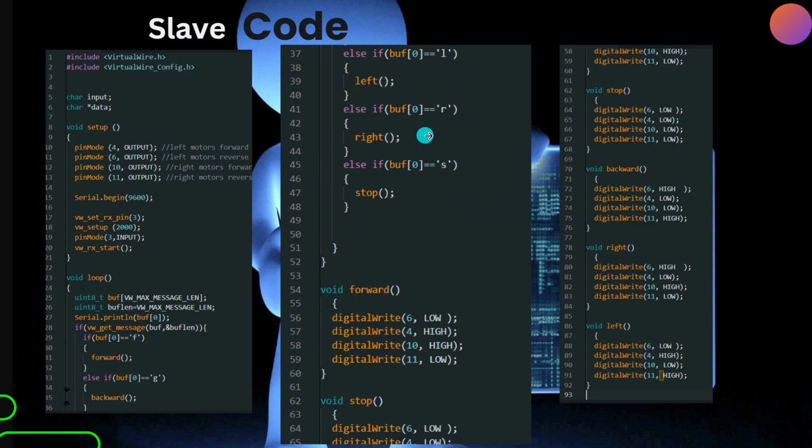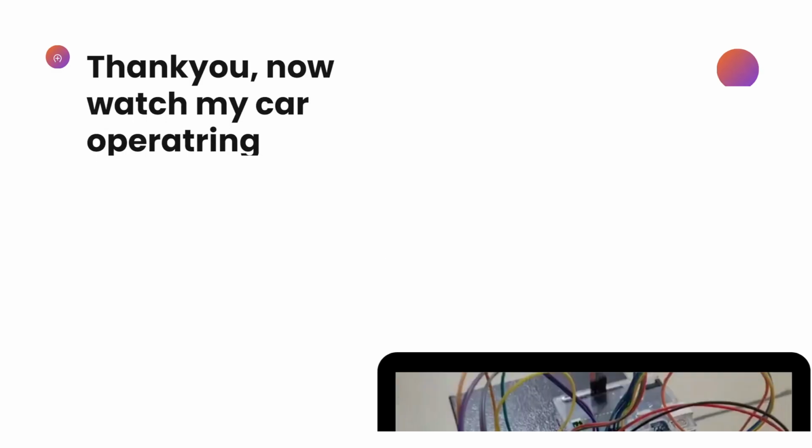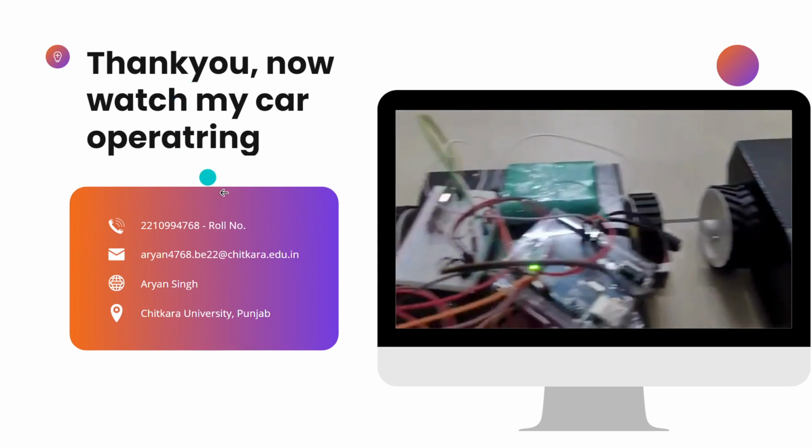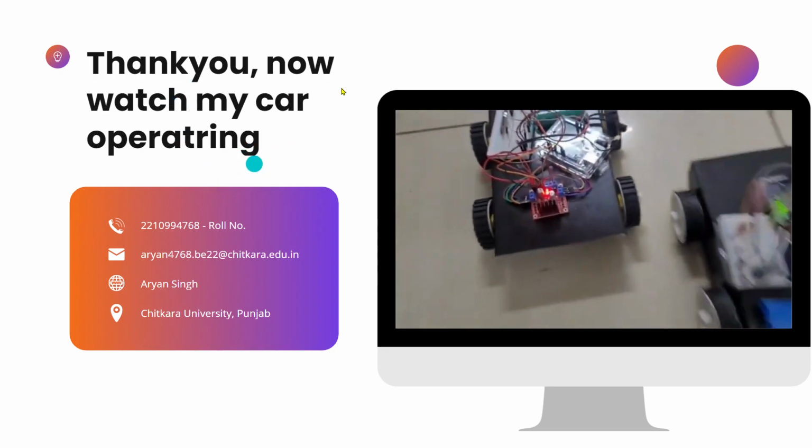These are the basic instructions which are followed. Similarly, there are instructions for stop, backward, right, left, and so on. You can read them.